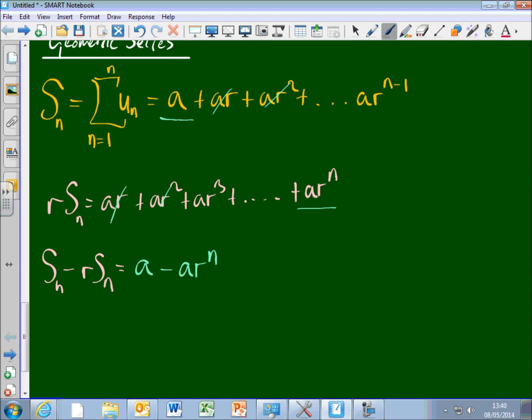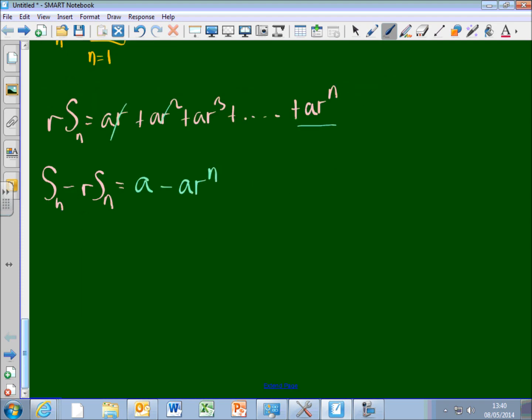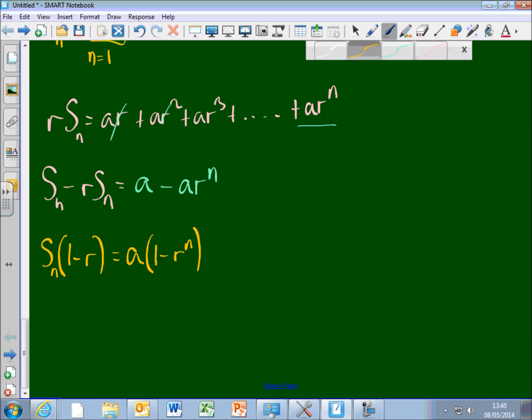Can you see that? You happy with that? And then finally, I just have to do a little bit of algebra here, and we get our answer. I'm going to factorise the left-hand side, so I get the sum of the first n terms times 1 minus r. Can you see what I've done over there? I'm going to factorise the right-hand side to that. Can you see that? And then this is our actual equation that you've got to remember.